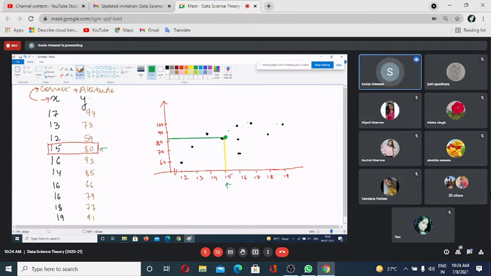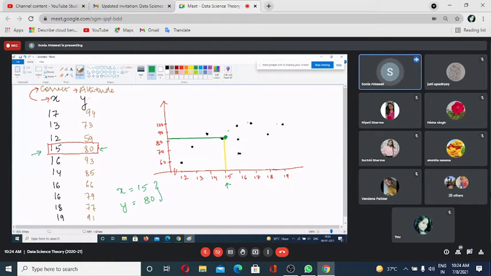Getting my point, class? Ma'am, 15 comma 80. Yes. I can see the 15th value here: the x value is 15, and the y value is coming out to be 80.